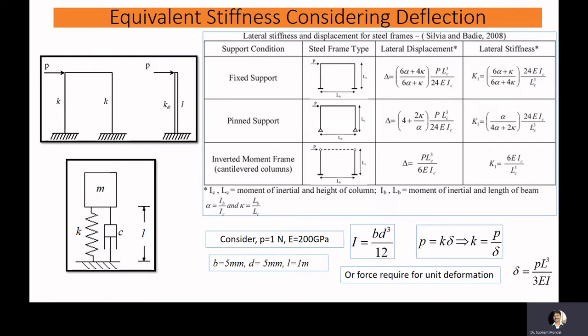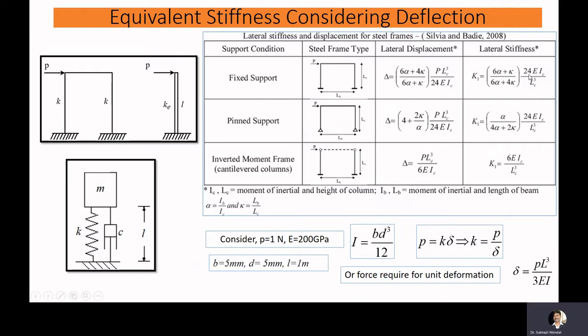So in that case, what happened? You will observe delta is equal to (6 plus 4) 10 over 7, so 10 by 7 multiplied by PL cubed by 24 EI. So this will be your lateral displacement, and you will have the equivalent stiffness like this.